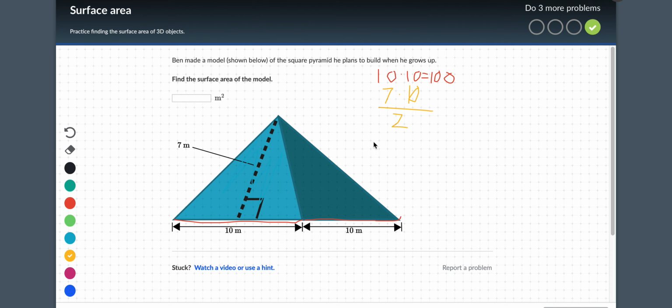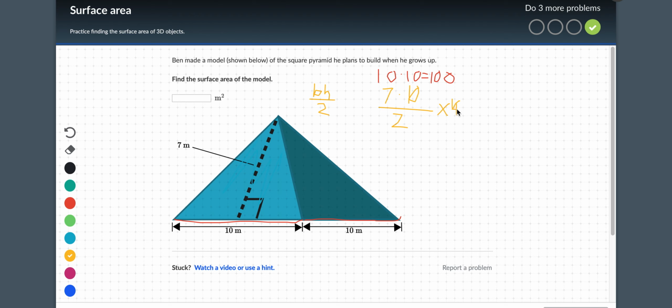And we're dividing by 2, if you didn't catch on yet, because it's a triangle, and the formula for a triangle is base times height divided by 2. And then there are 4 of the faces, so we multiply it by 4.